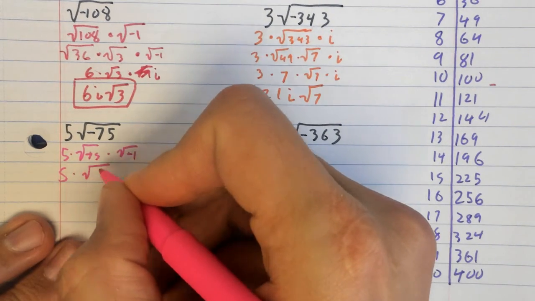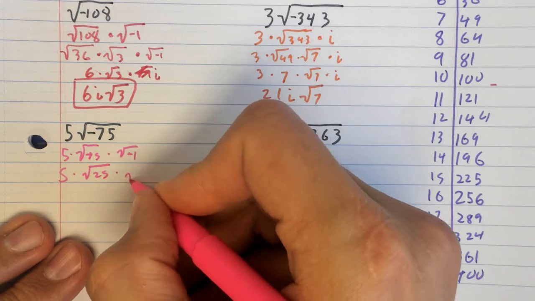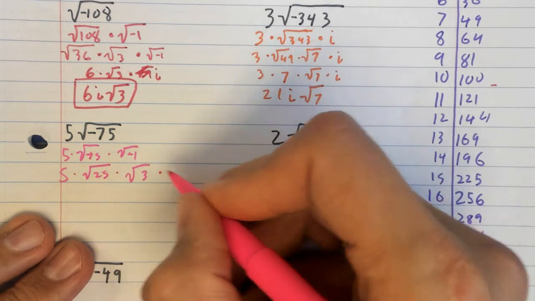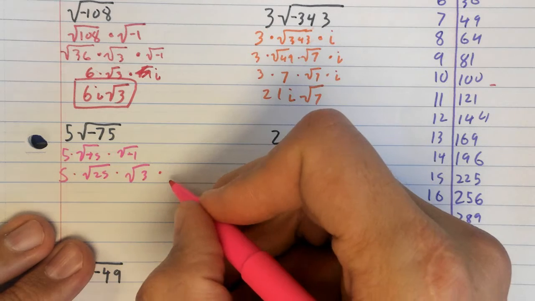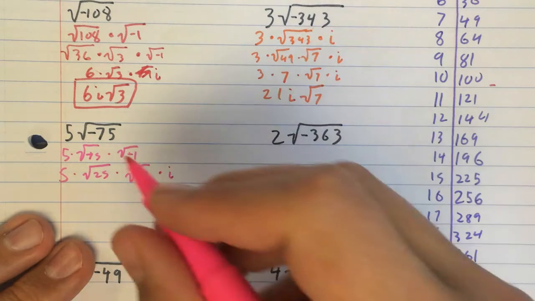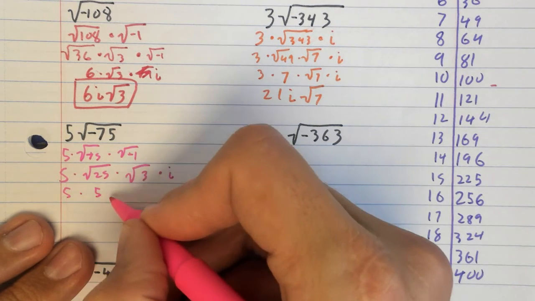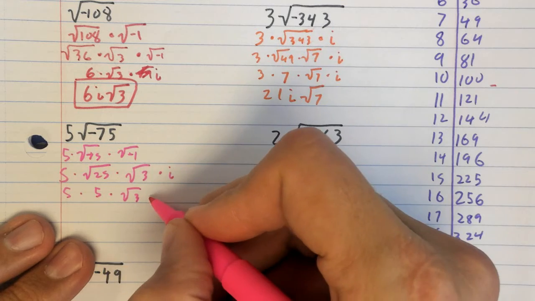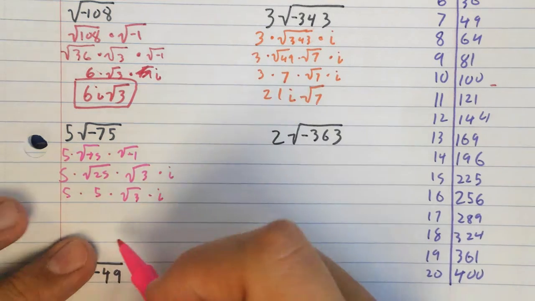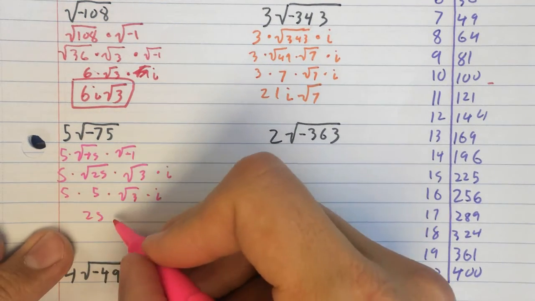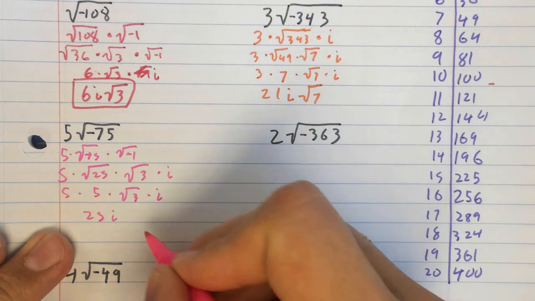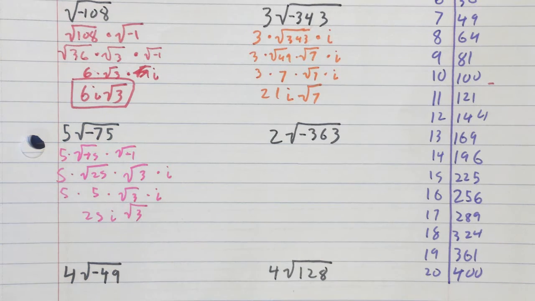We have the square root of 25 times the square root of 3, and the square root of negative 1 is i. 5 times 5 times the square root of 3 times i. 5 times 5 is 25. We have our i. We have the square root of 3.